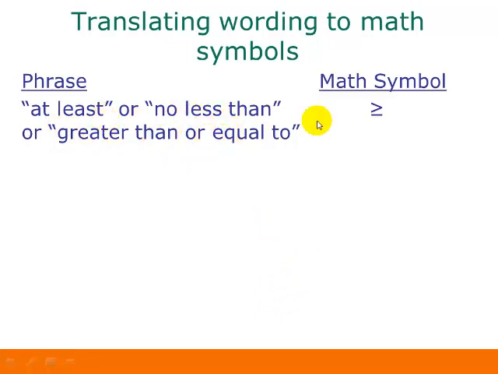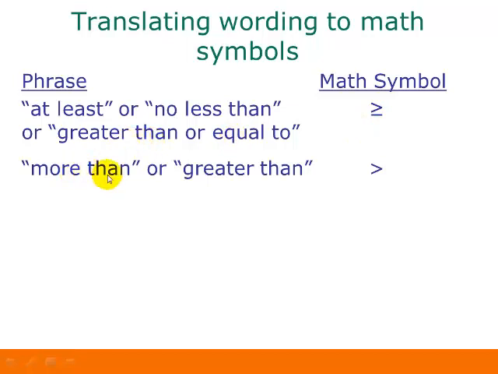All three of these would translate into this symbol, greater than or equal to. The important thing here is which values are included and which values aren't included. Since we're talking about discrete probabilities, it makes a huge difference whether you include certain values or not. So whatever value you have here is actually included in your list because of the equal sign being with that.